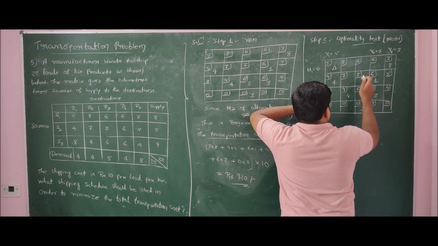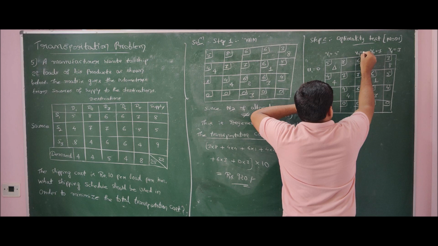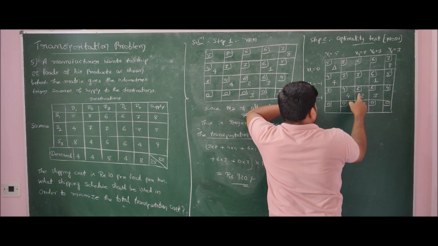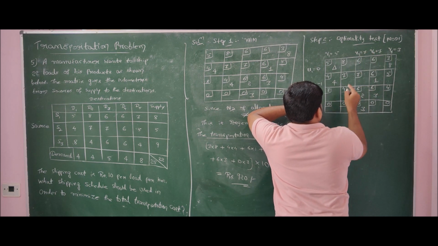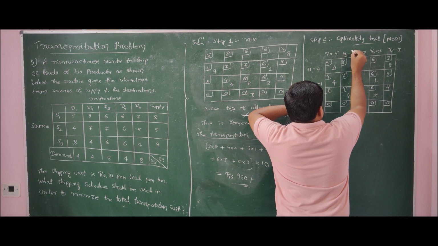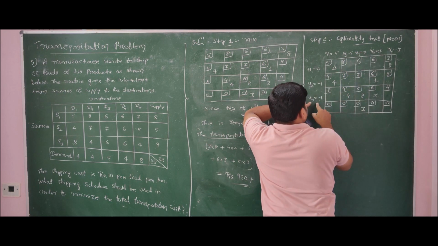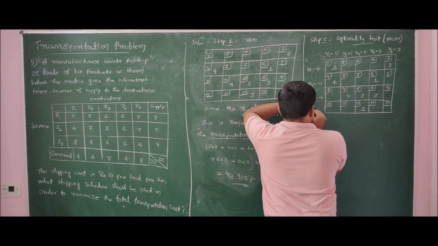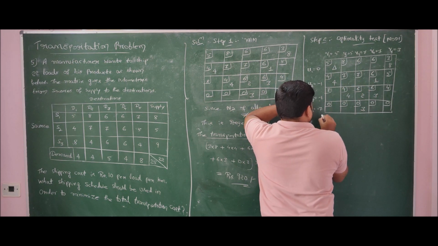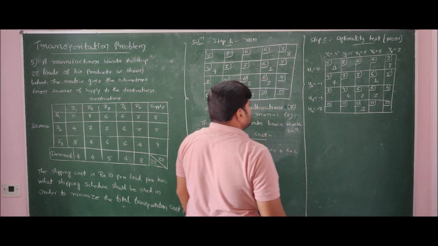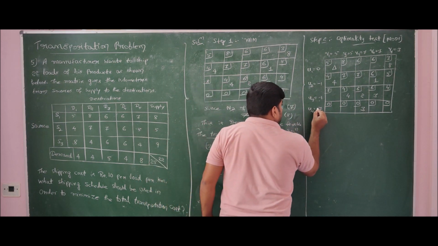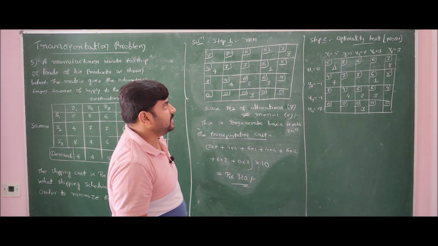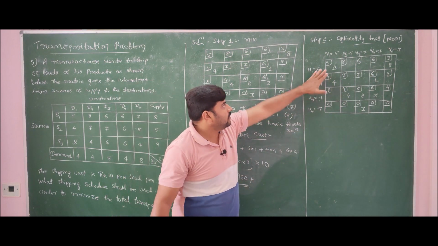Since this is minus 1, v3 will become 7, because 7 minus 1 is 6. Since this is minus 1, v2 will be 5, 5 minus 1 is 4. And finally we have allocation here, so therefore u4 will become minus 7. Done. So we have calculated the values of u's and v's by using a small value of delta.